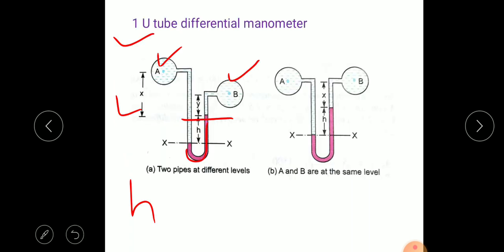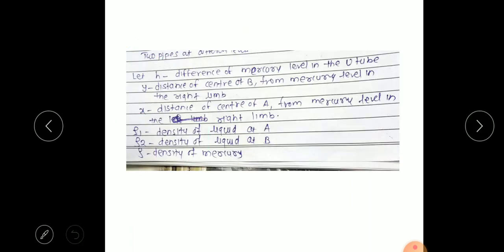Suppose we have assumed different densities: in pipe A it is rho 1 and in pipe B it is rho 2. So rho 1 is the density of the liquid in A, rho 2 is the density of the liquid at B, and rho is the density of the manometric fluid, that is the mercury.